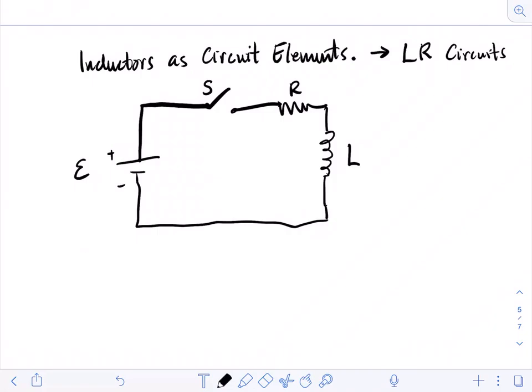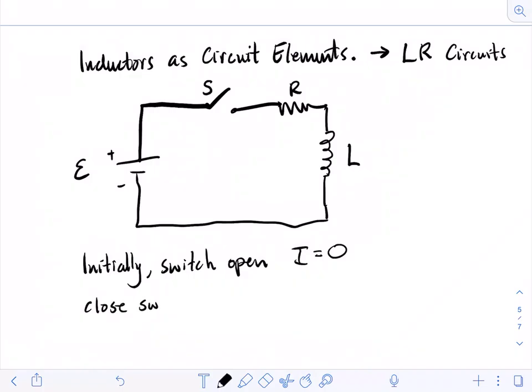Initially, the switch is open, and it's been open for a long time such that I is equal to 0. Then we're going to close the switch at time t equals 0.